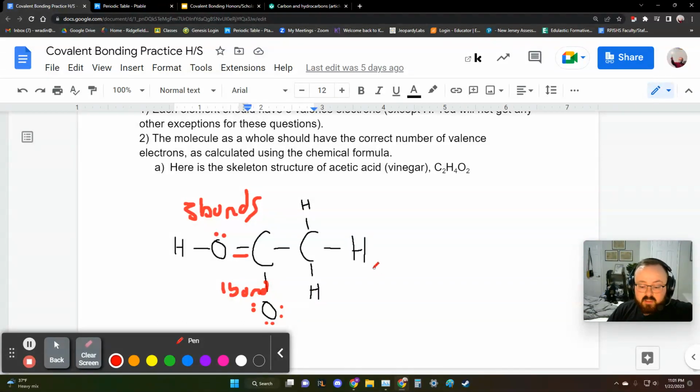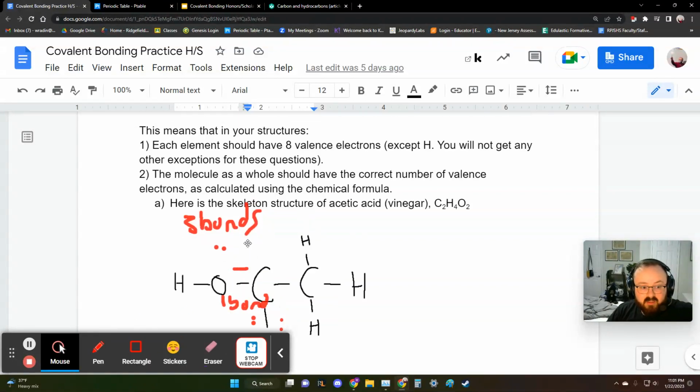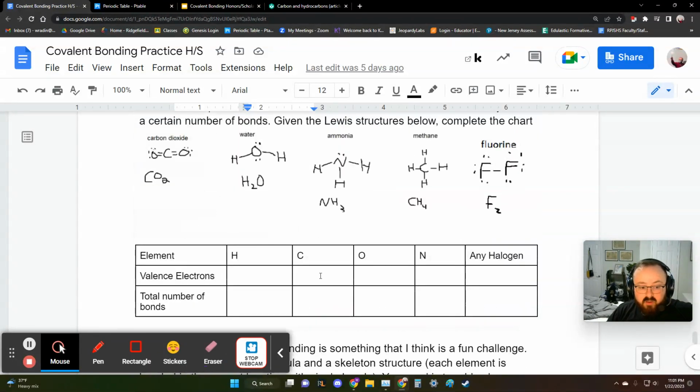I would have accepted this because I didn't talk about formal charge. I did not talk about that definition to help us, but this is technically not the correct structure of vinegar. I would accept this because it does follow both of these rules, but this oxygen has three bonds, this oxygen has one bond, and unless you really have to, you want the oxygen here to have two bonds. You want the oxygen to have two bonds.